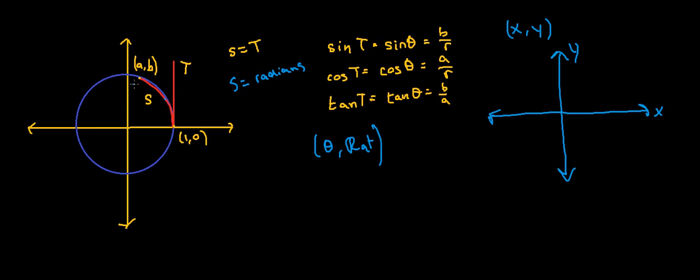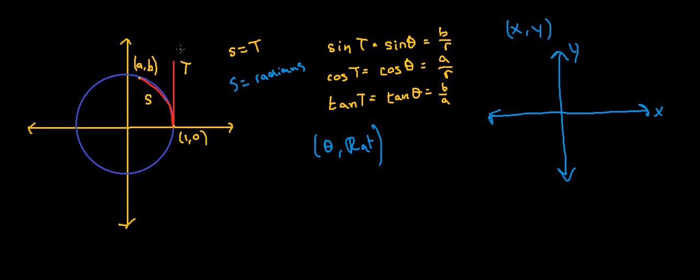Each T value is going to correspond to a unique point, and that is the essence of a function. Each x value has only one y value. If an x has more than one y value, it is not a function. So T being able to go around the circle, and each location having a unique point, there are no points that are going to be the same for T. And it might look like I would run out of places to go because I could only go around one time.